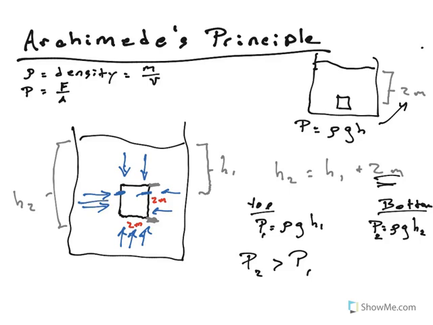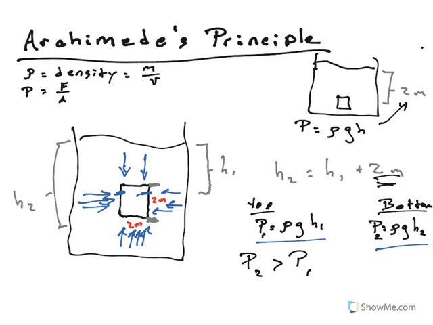All the pressure pushing to the right is balanced by the pressure pushing to the left, so obviously the box is not going to be moving left and right in the fluid because the pressures are the same. However, we just calculated that the pressure at the top of the box, P1, is smaller than the pressure at the bottom of the box, P2, and so there's a lot more force pushing up on the box than there is pushing down.